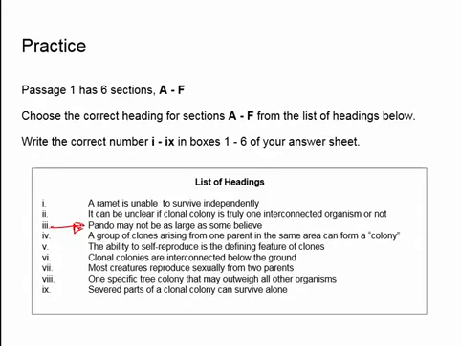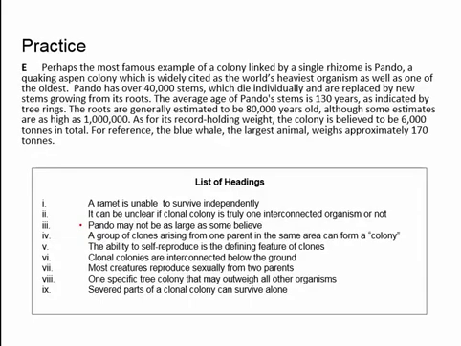Maybe that's the correct answer if we look at paragraph E first, because E is all about Pando. All right. So what you would want to do as your approach to this question is to start by looking at the topic sentence. Read it, try to understand it, and then the first place I would start is to see if this answer down below that mentions Pando specifically seems correct.